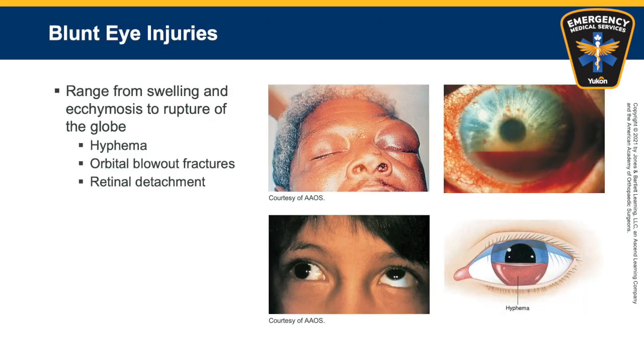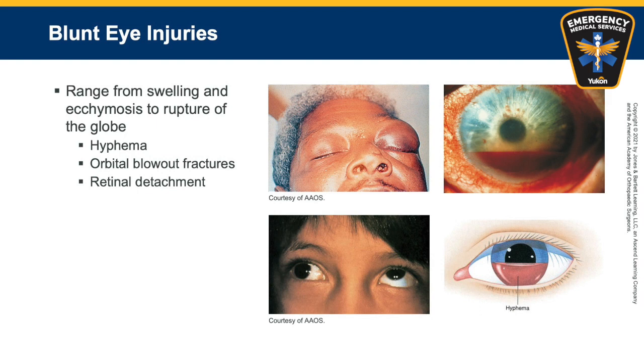Blunt eye injuries. As you can see here, you will get a variety of signs and symptoms. The worst thing we are worried about here is the orbital blowout fracture. That's simply where the eyeball is hit with enough force that the orbit itself is fractured and the eye is no longer held by any of its ligaments, and it is free floating and has the ability, unfortunately, to fall out.